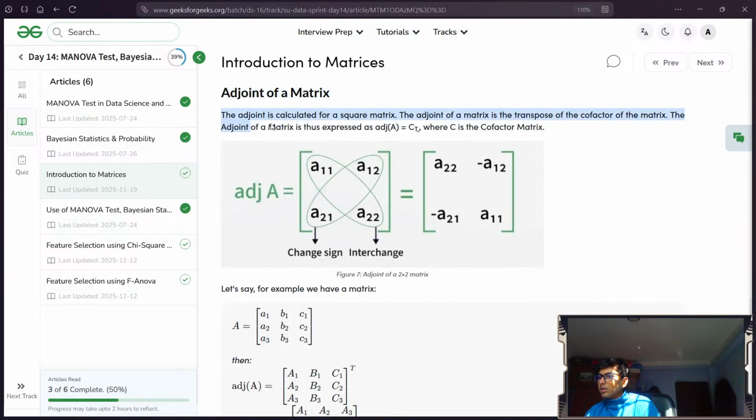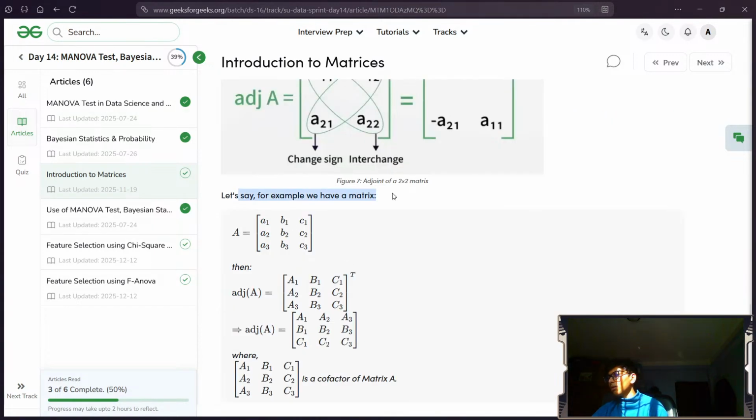Adjoint of a matrix. The adjoint is calculated for a square matrix. The adjoint of a matrix is the transpose of the cofactor of the matrix. The adjoint of a matrix is thus represented as adj A equals C transpose, where C is the cofactor matrix. Interchange these, change signs for 2 by 2.